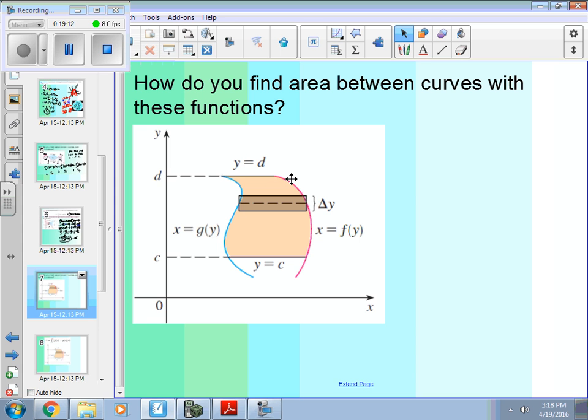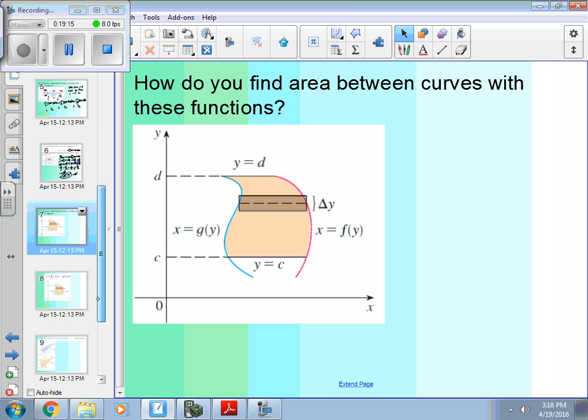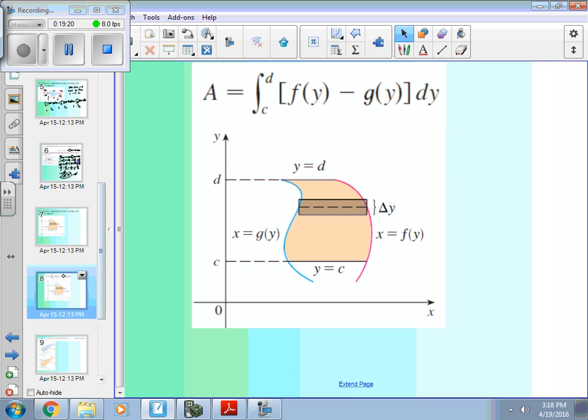So there's another way we can do this, and rather than doing top minus bottom, we can think about going left and right as well. If you have two functions where top minus bottom doesn't work, you can do the same thing by selecting your function on the right minus the function on the left, as if you're going around the y-axis.